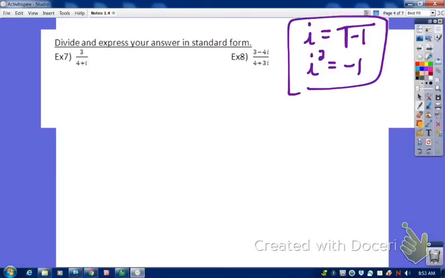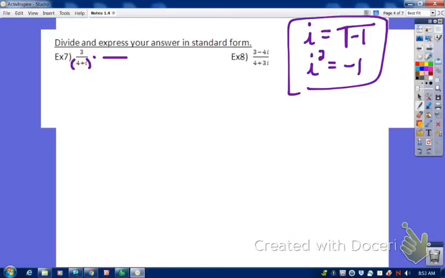So what we're going to have to do here is get rid of the i. That's the same as rationalizing the denominator. Is your i part of one term or two terms? It's part of two terms. So we're going to use something that we learned in chapter P, maybe. If the bottom has a radical in it, and that radical is part of two terms, we're going to multiply by that C word.